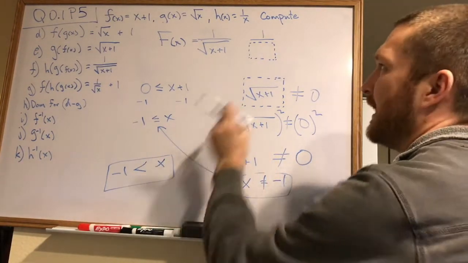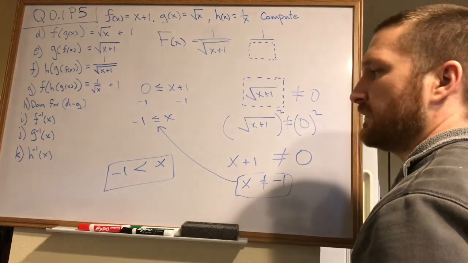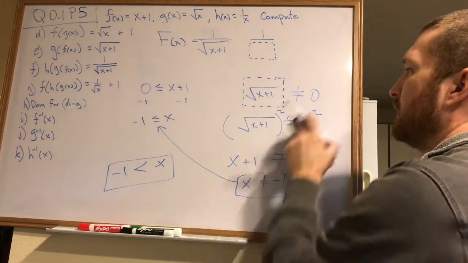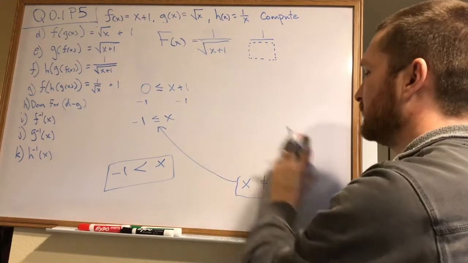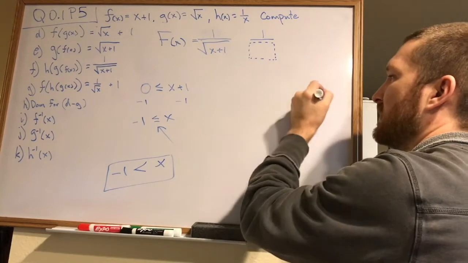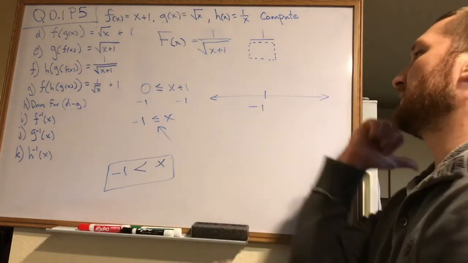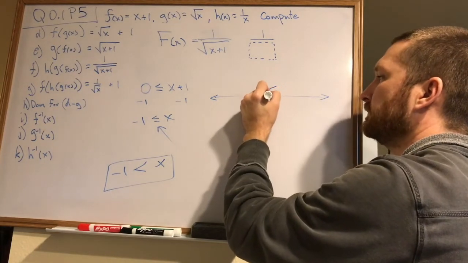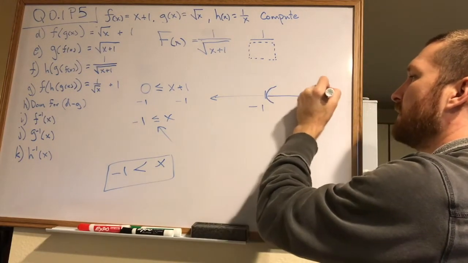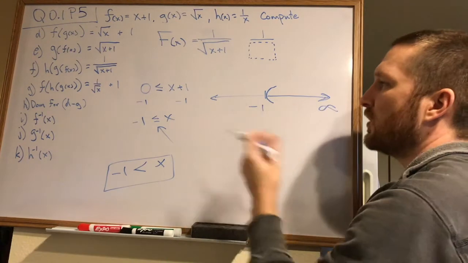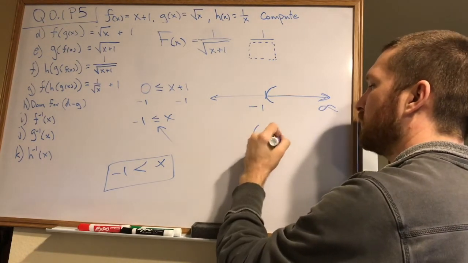And so that is going to determine the domain of this function. As far as a number line is concerned, -1 has to be strictly bigger, right? And so it could be anything out here up to infinity. And so as an interval, we have from -1 up to infinity.